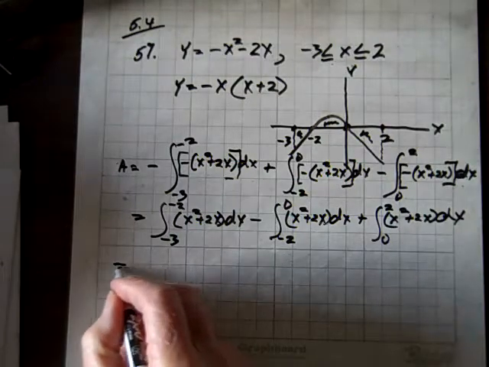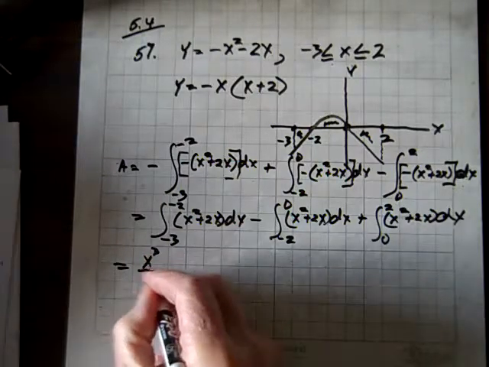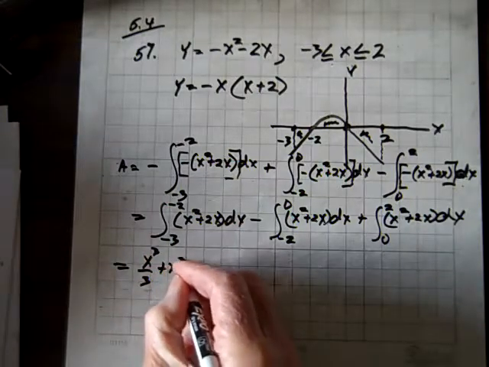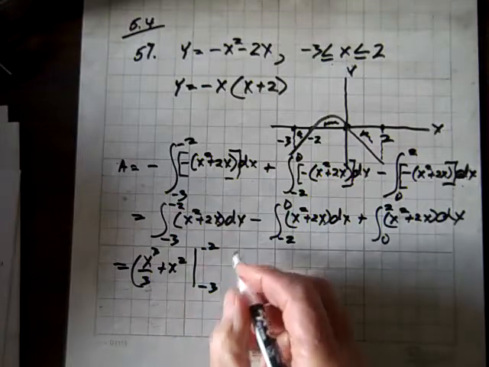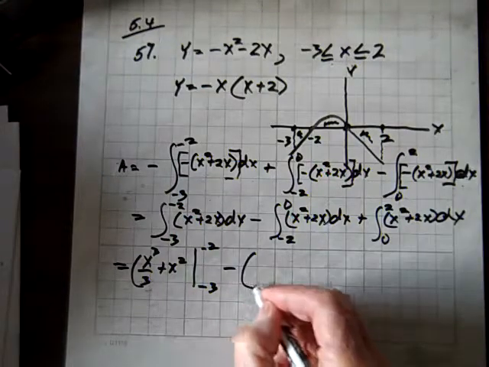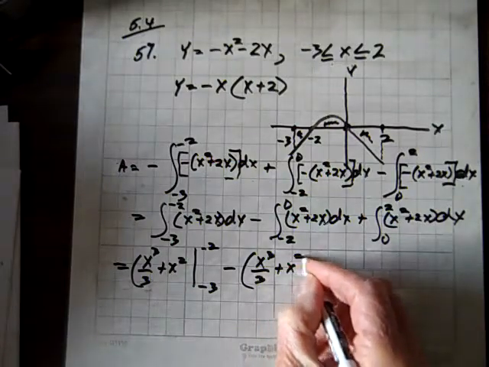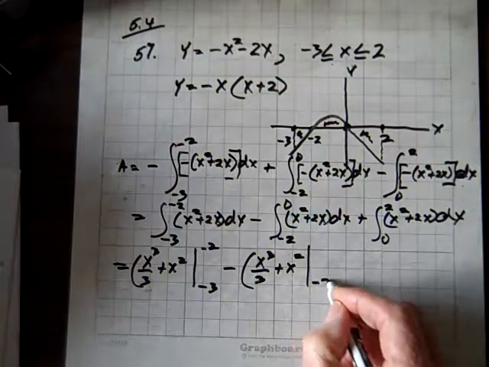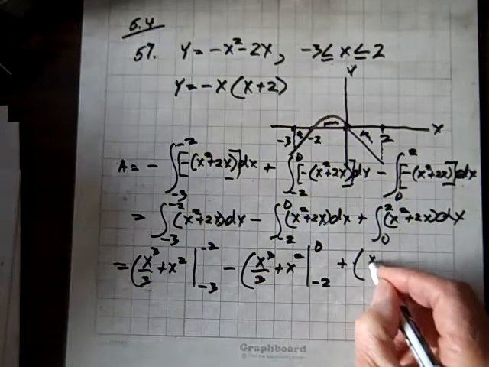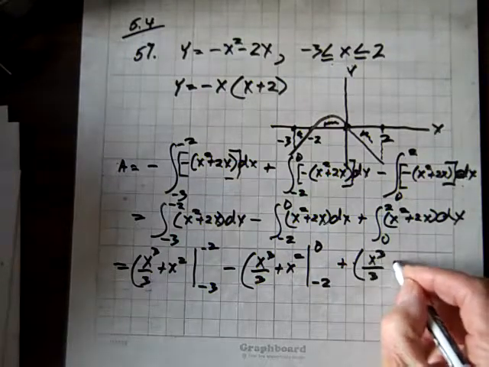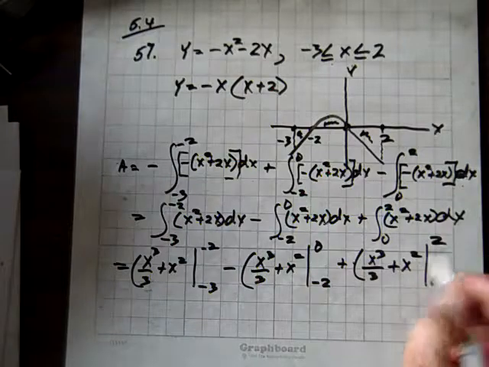So now the integral of this is going to be x cubed over 3 plus x squared, and we're going to evaluate from negative 3 to negative 2, minus x cubed over 3 plus x squared evaluated from negative 2 to 0, plus x cubed over 3 plus x squared evaluated from 0 to 2.